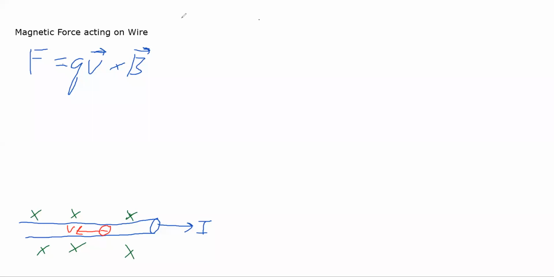So I said last class that when you have an electron, you have to remember to use the left-hand rule, or the other option is to use a right-hand rule and flip your answer at the end. All right, but I like just using the left-hand rule. So for negative charges, we use the left-hand rule, and try using it here. Okay, so remember your thumb represents velocity, pointer represents magnetic field, and your middle finger represents force.